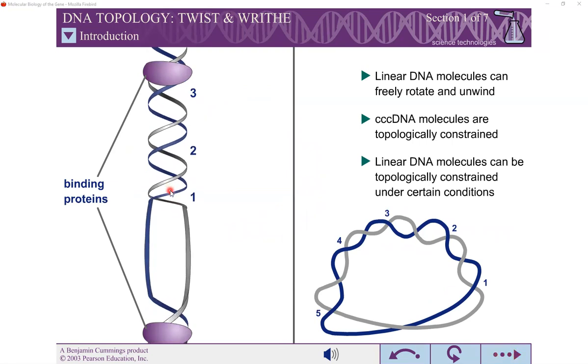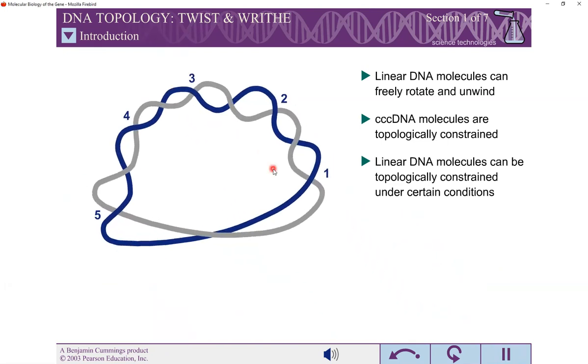So, in fact, linear DNA molecules can also be topologically constrained. You must not think that only the circular DNA molecule is topologically constrained. Even the linear DNA molecule is topologically constrained because of the presence of telomere binding proteins associated with the ends of the linear chromosome, that is the telomere.